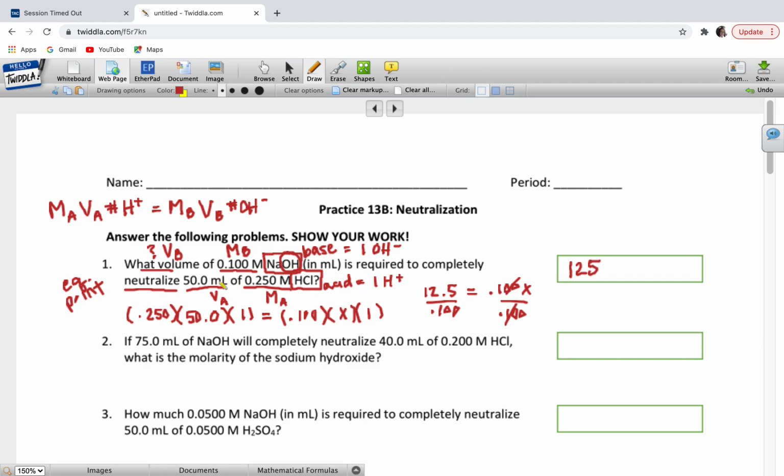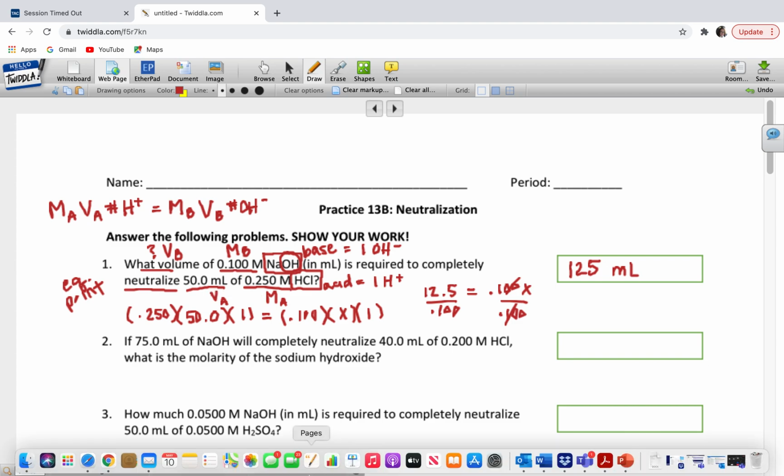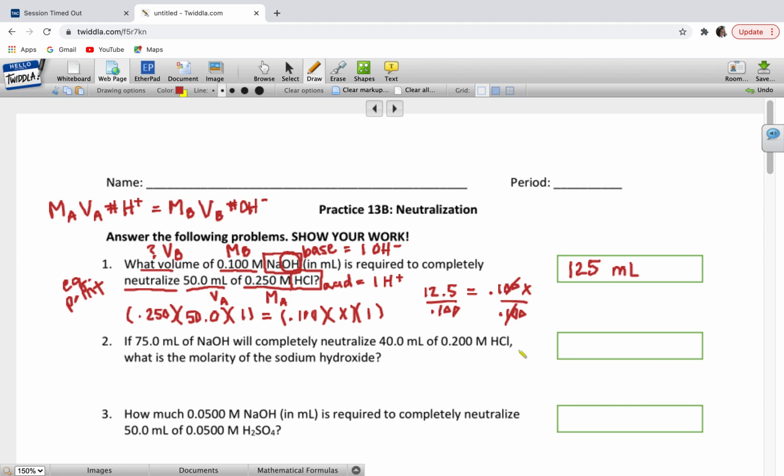Since the volume of acid was in milliliters, this volume we've calculated is also in units of milliliters. There were 3 significant figures in each given value in the problem, so we can keep all 3 of these significant figures right here, and we're good. It would take 125 milliliters of sodium hydroxide to neutralize 50 milliliters of this 0.25 molar hydrochloric acid.